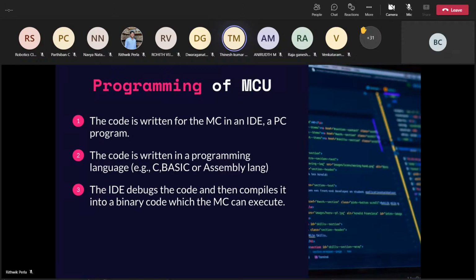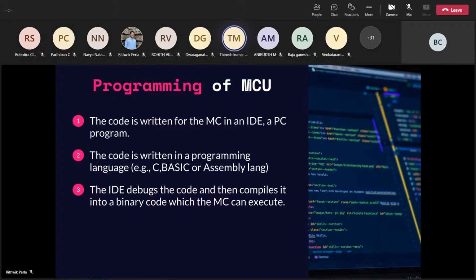After the programming part is over, what does the IDE do? The IDE debugs the code for errors, because with errors the microcontroller cannot work, as it cannot tolerate errors. So it will prompt us with the errors, then we'll rectify them.